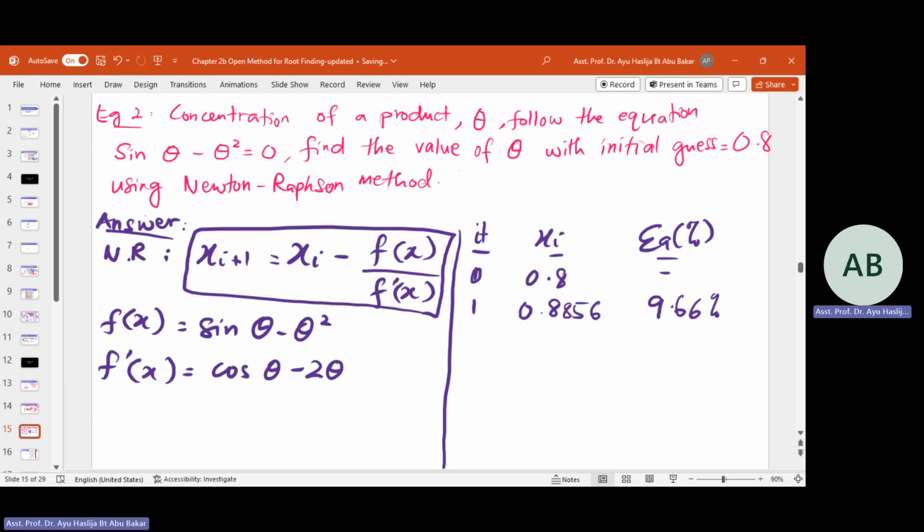Stop at iteration 4, because here it doesn't give you the stopping criterion. Try to maintain your x figure to 5 significant figures.